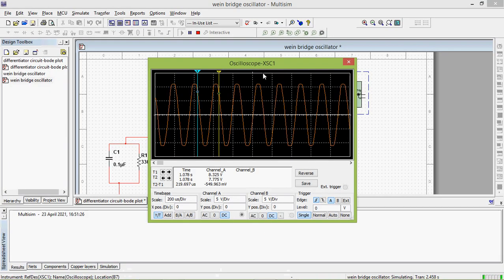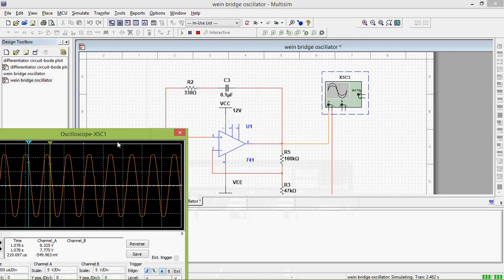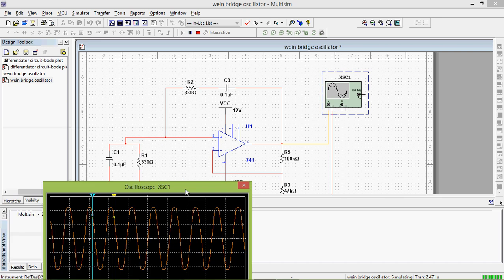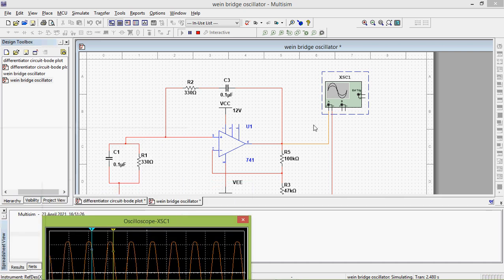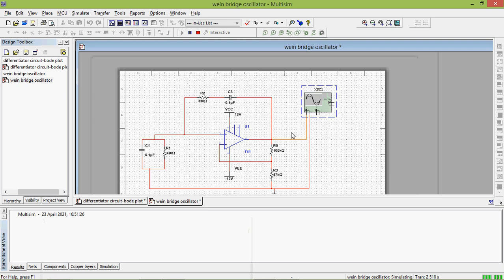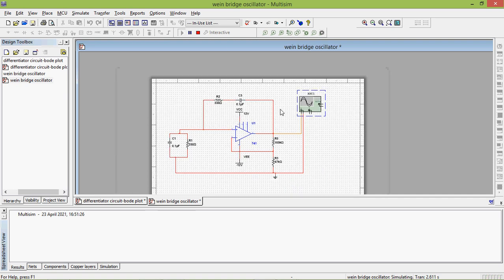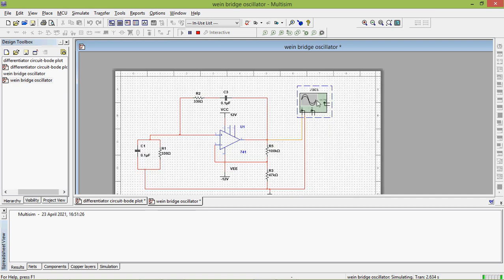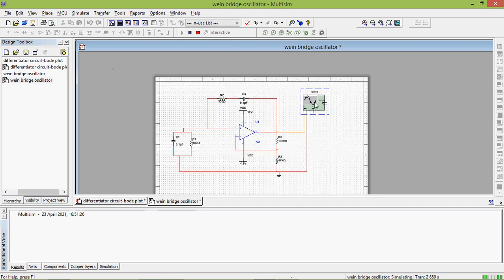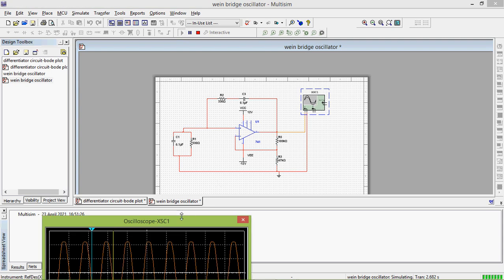So this is the circuit as we have seen. We have connected it as per the diagram. I have connected an oscilloscope at the output side and double clicked the oscilloscope.